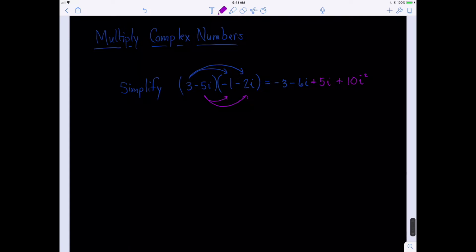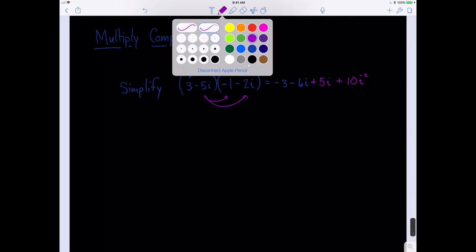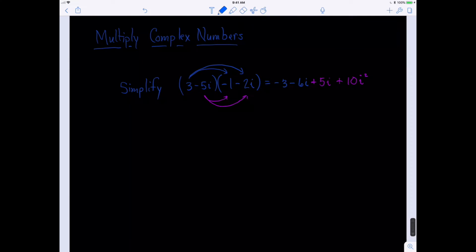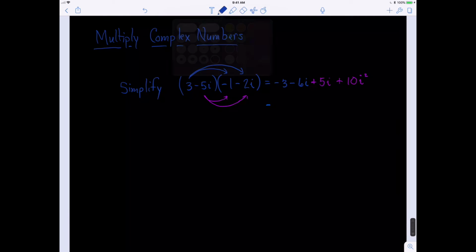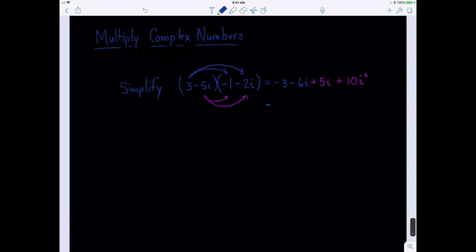Okay, now let's simplify what we've got. I don't have many like terms. Well, I do have a negative 6i plus 5i, so let's deal with that.